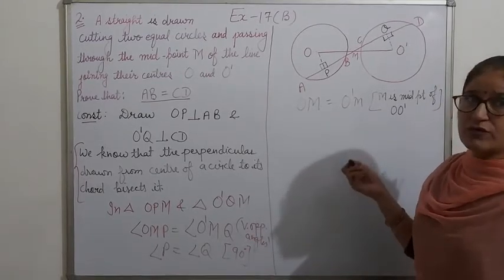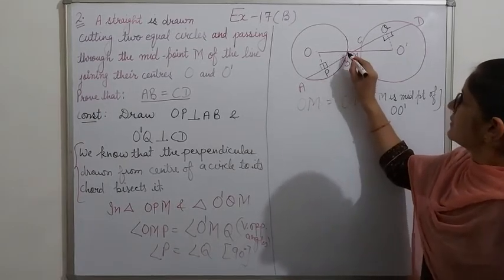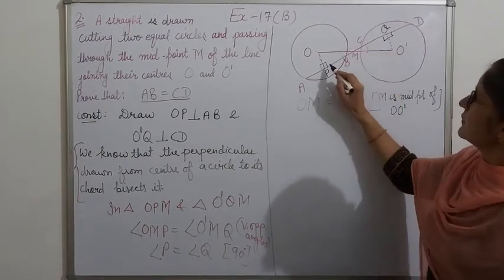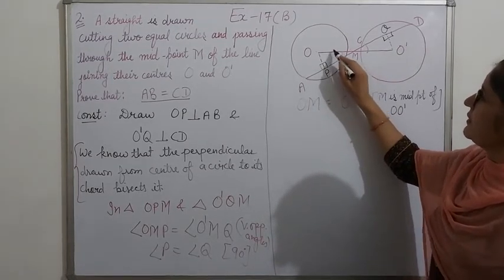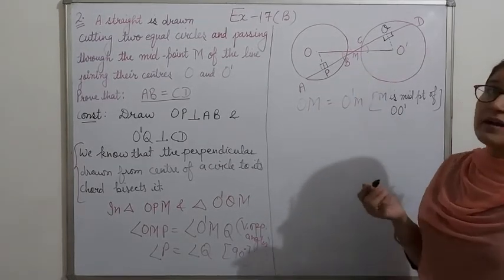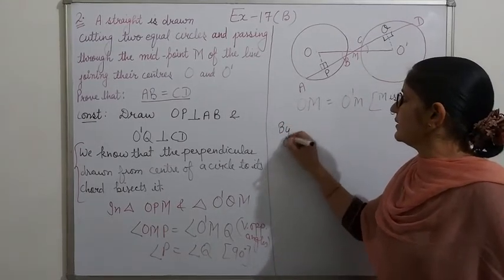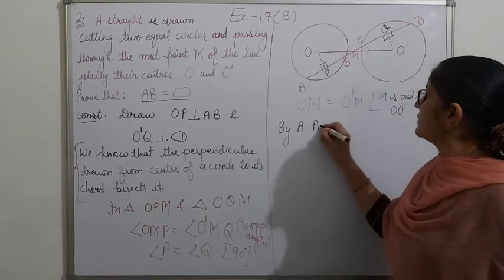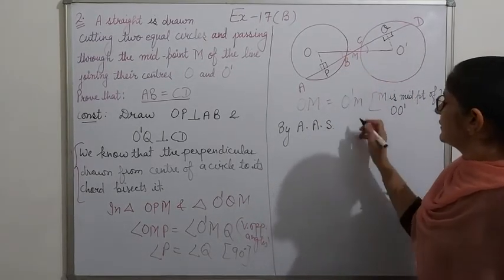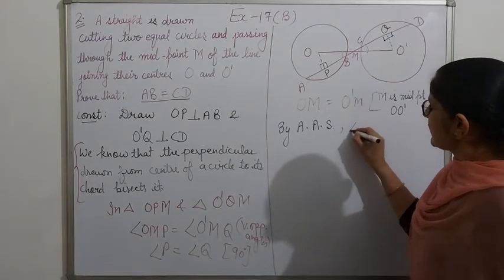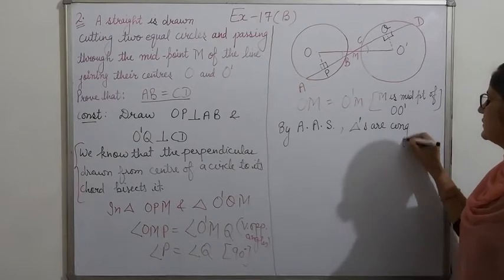Now three things we have proved. Which congruency rule are we going to follow here? See, this angle, and side. So angle, side. You can't take RHS here. So by angle, side, the triangles are congruent.